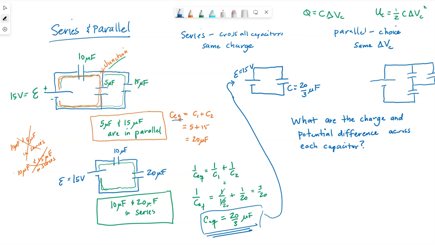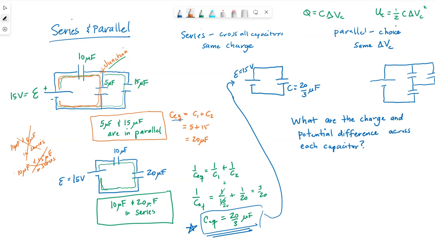Now, had this question been asked even before I got us to an equivalent capacitance, I still would have needed to figure out our equivalent capacitance. So my first step would have been getting to this equivalent capacitance of the circuit.